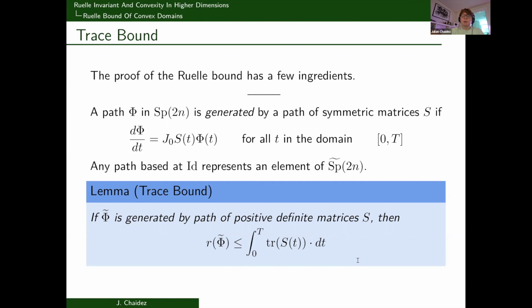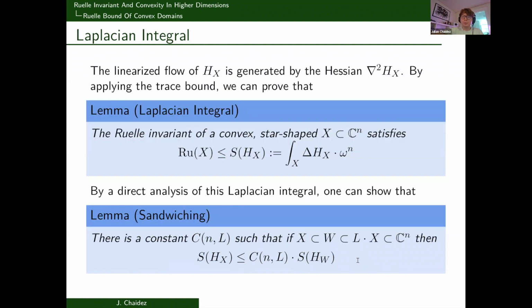Okay, so basically when you have a positively moving element of a path of symplectic matrices, there's a way of upper bounding the rotation number just using the generators of the path. So then the next observation is that the linearized flow of a Hamiltonian, the Hamiltonian HX, for example, is generated by the Hessian of that Hamiltonian in the sense that I discussed just now. So by applying the trace bound, we can deduce an upper bound for the Ruelle invariant in terms of a certain integral.